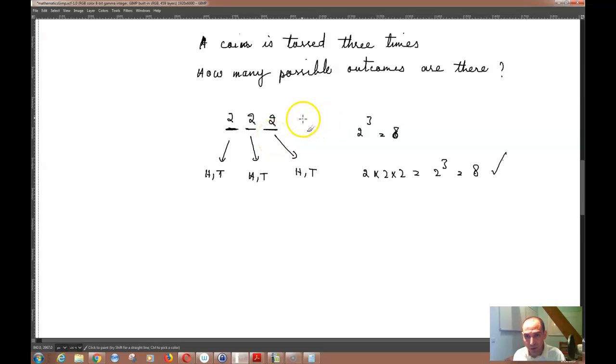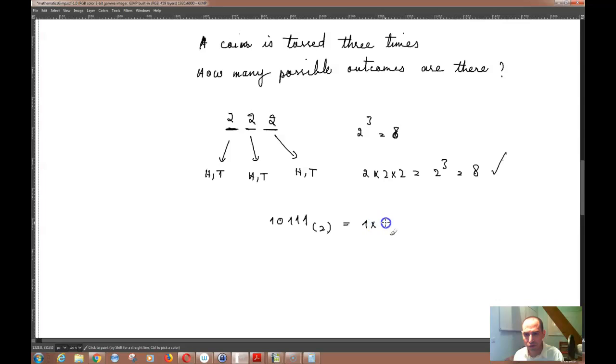Now I understand why that happens, and that also is kind of the reason why, in the binary number system, you get all of these numbers. For example, if you have 10111 as a binary number, you write this number as 2 raised to the power 0, 1, 2, 3, and 4.